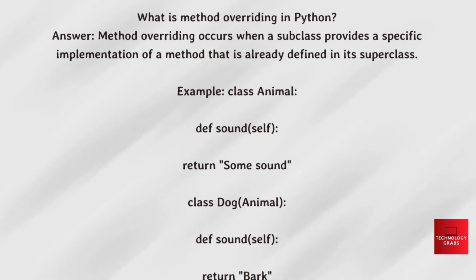What is method overriding in Python? Answer: method overriding occurs when a subclass provides a specific implementation of a method that is already defined in its superclass.